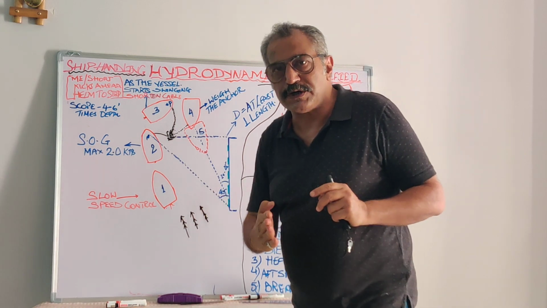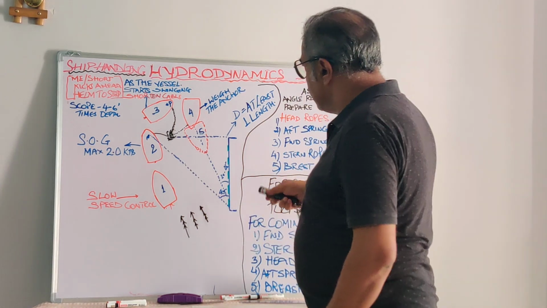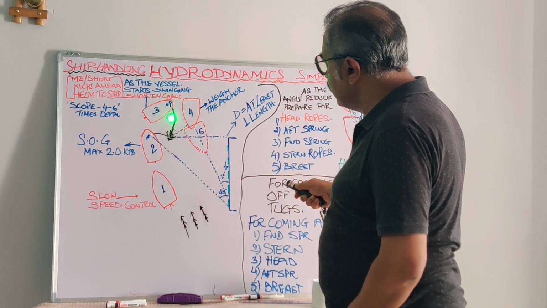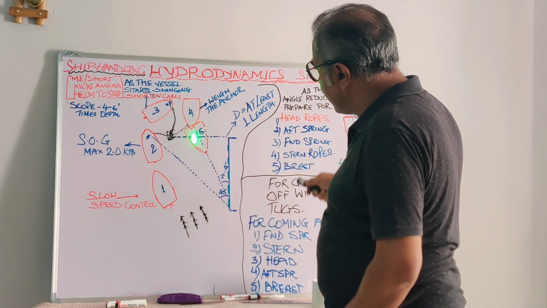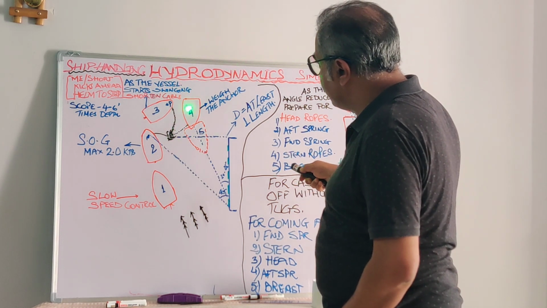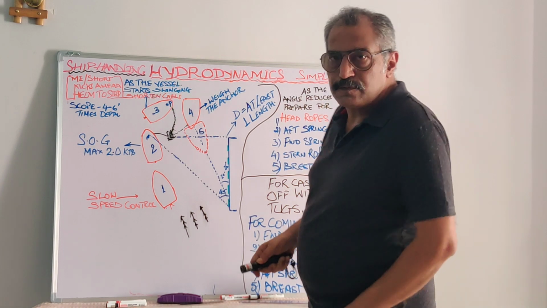Because as the ship is going to turn to starboard, the tension is going to start easing off, till such time you come to figure number 4, where you have shortened the cable and the vessel has swung around heading southerly. If we talk about going upstream northerly, the vessel has started heading southerly in figure number 4.